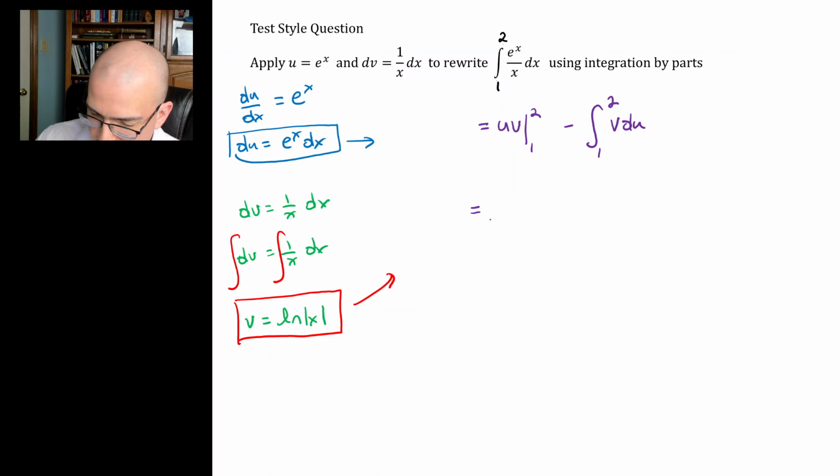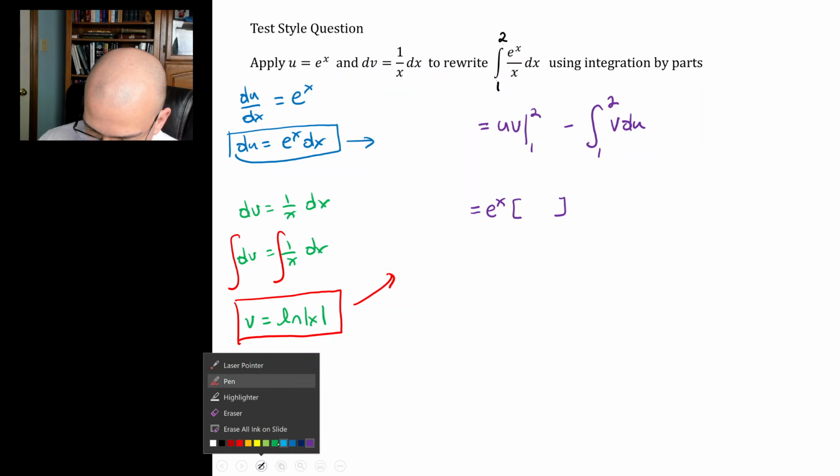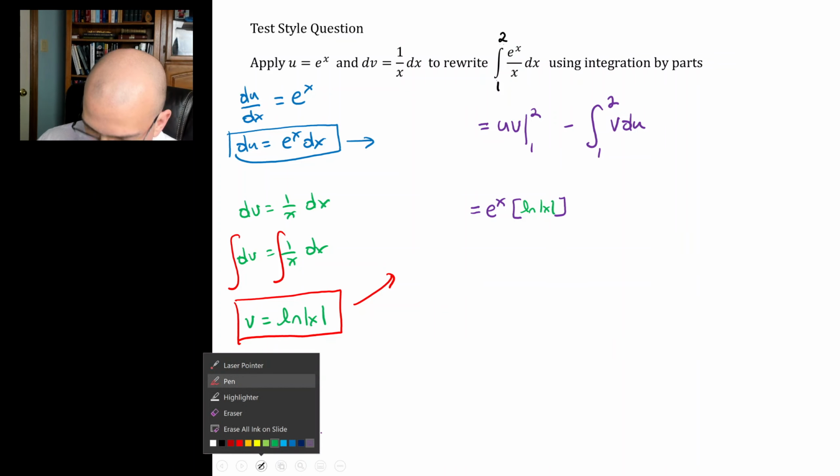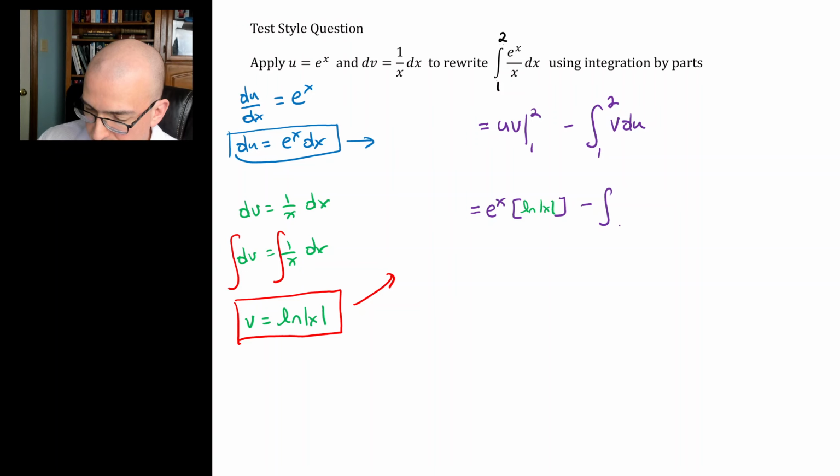So we have u, which we were told was e to the x, times v, which was ln absolute value of x, minus the integral from 1 to 2 of v, which we found was ln absolute value of x, times du, which is e to the x dx.